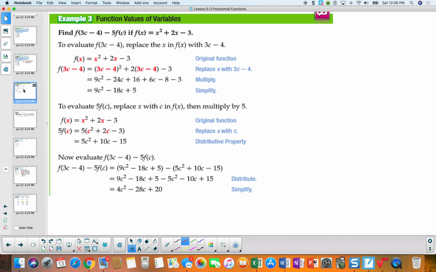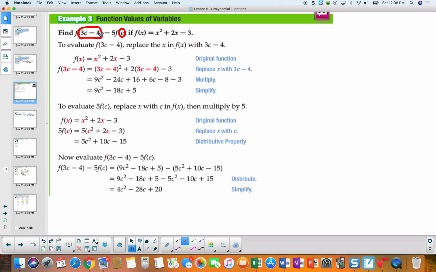Let's take a look at evaluating function values of variables. So instead of putting in a number, we are going to put in an expression into our function. So what we want to do is replace the x in our function with whatever we're trying to substitute.